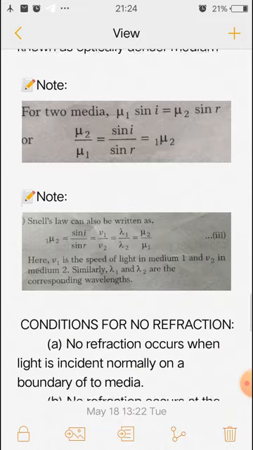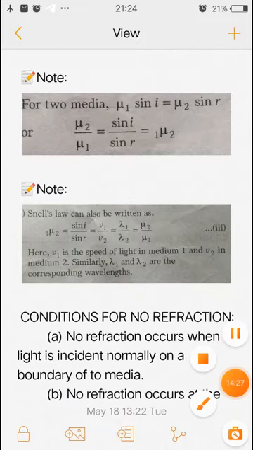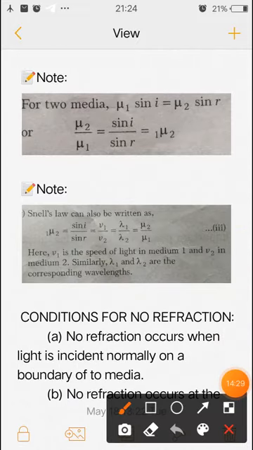Next, this is a very famous relation. For Snell's law, it can be written as 1 mu 2, the refractive index of medium 2 with respect to 1, is sin i by sin r, equal to v1 by v2, equal to lambda 1 by lambda 2, equal to mu 2 by mu 1.